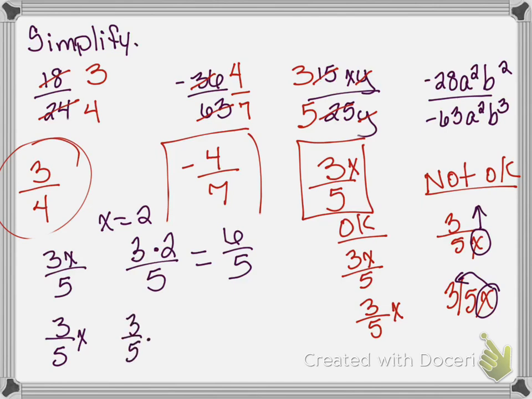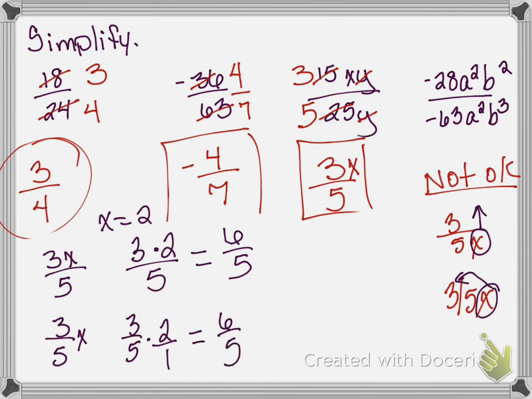I don't care. Okay. Then I have 3/5 times 2. What's that 2? It's 2 over what? 2 over 1. And 3/5 times 2 over 1 is 6/5. Now, I'm going to take these two. So I have 3 over 5x, and the x is in the denominator.